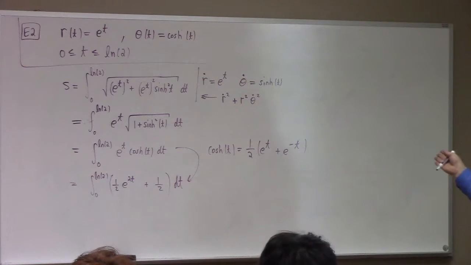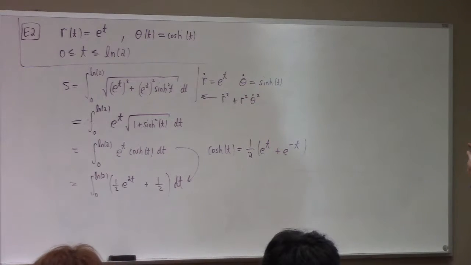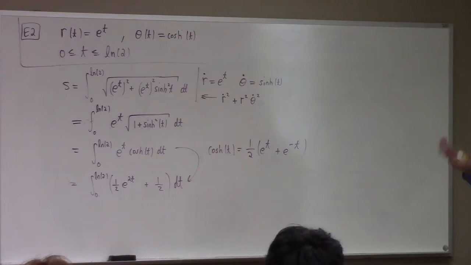So when I multiply that by e to the t, I get e to the 2t from the first term. And then e to the t and e to the minus t obliterate each other in a flash of light and just become one, right?